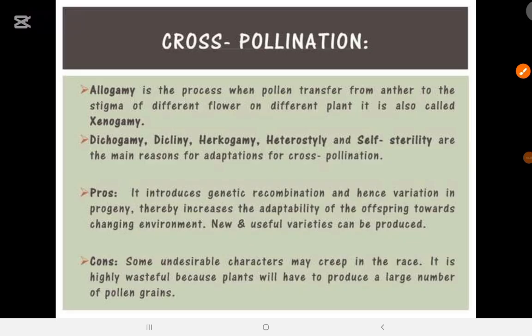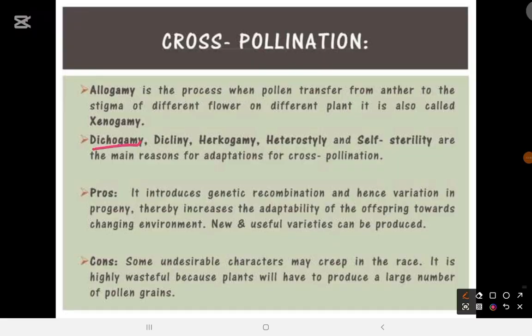Now, some of the reasons why this allogamy takes place are dichogamy, and so on.